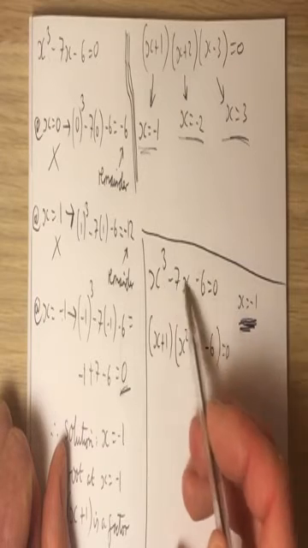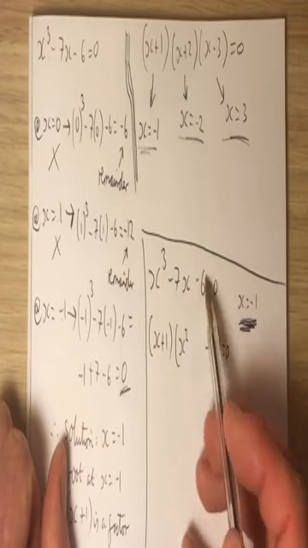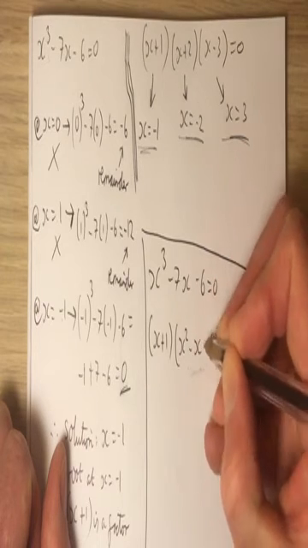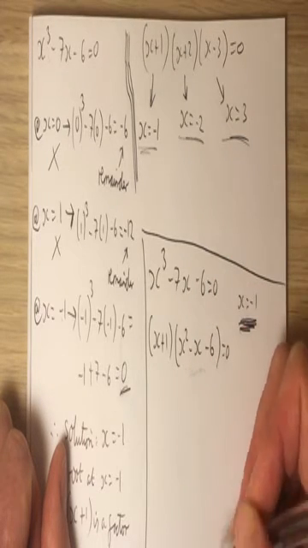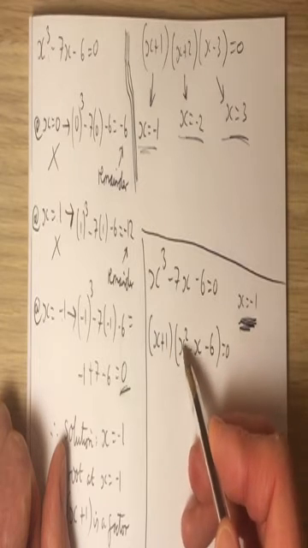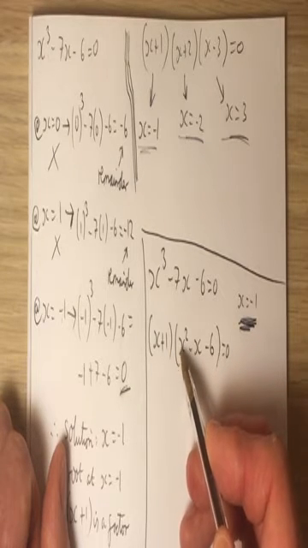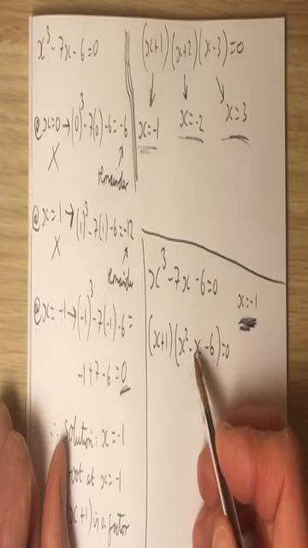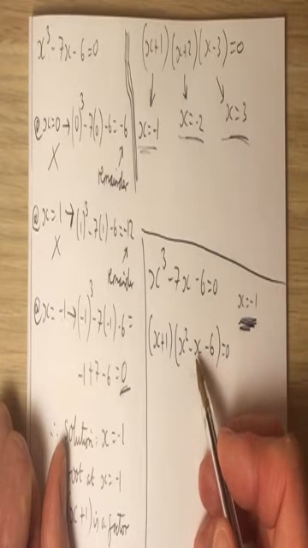But in my answer here, I don't have any x squareds. So I'm going to have to here have negative x. Why is that? Because the 1 times the x squared gives me 1x squared. I therefore need this, so that x times negative x gives me negative x squared to get rid of it.